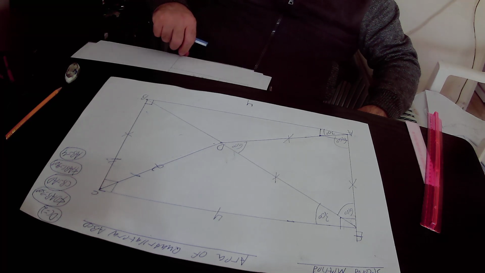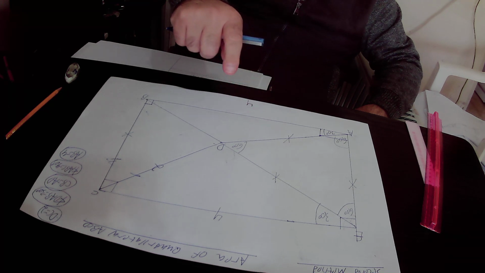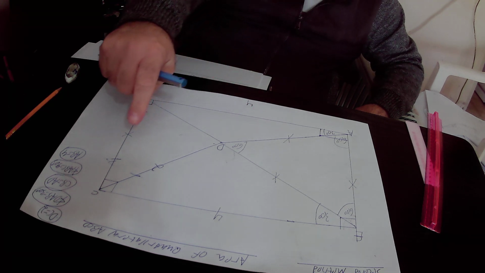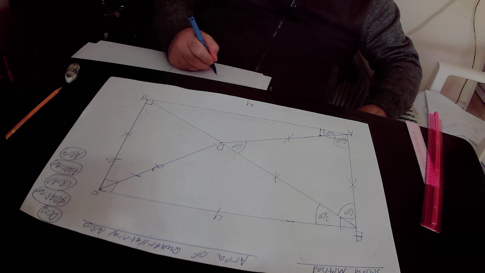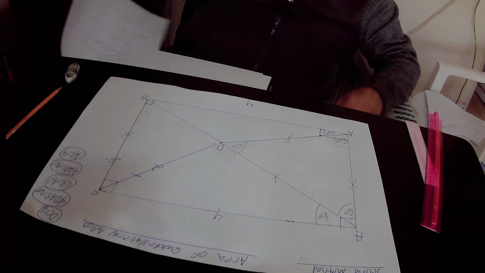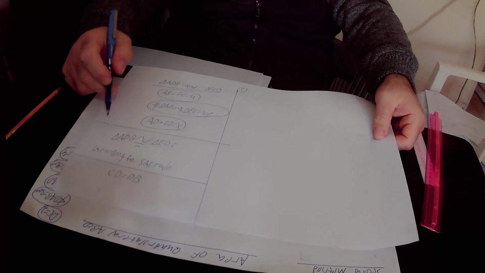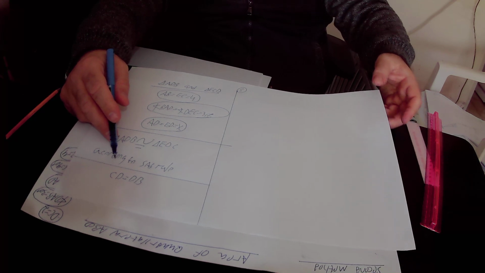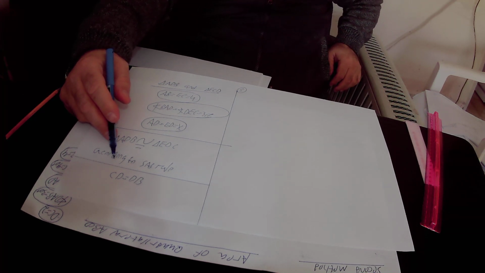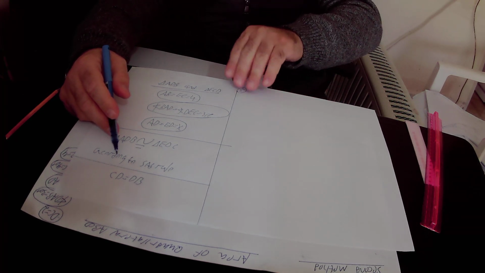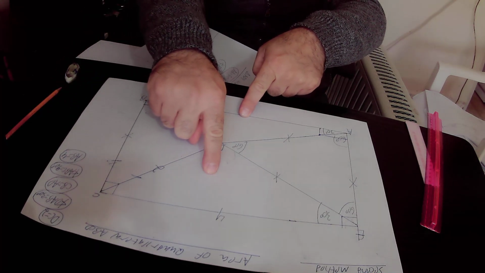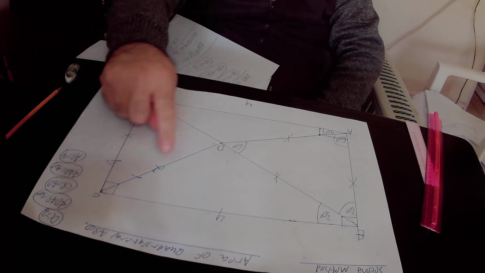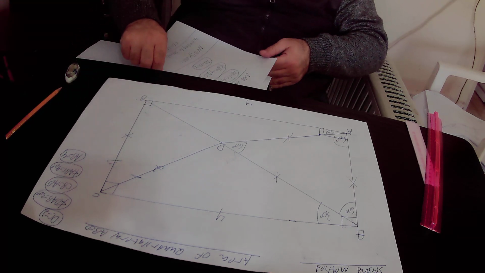And from the fact that those two triangles can go into each other, we conclude that CD equals DB, according to the rule that corresponding sides in congruent triangles are equal to each other. Those two triangles can go into each other, therefore the corresponding sides, that is to say CD and DB, will be equal to each other.